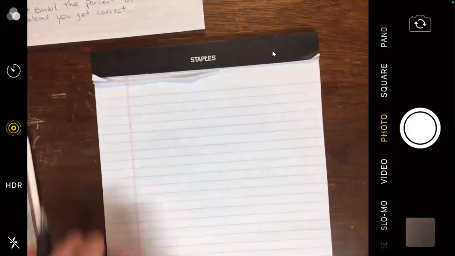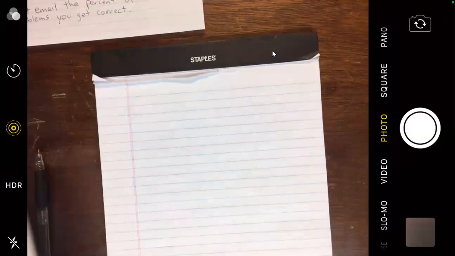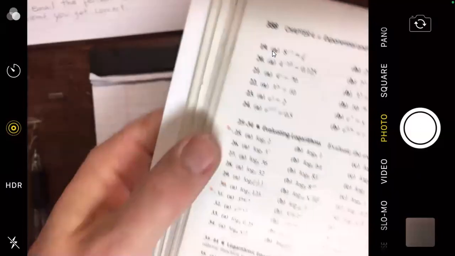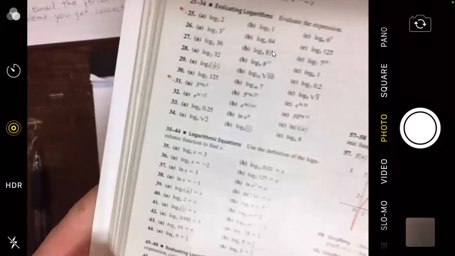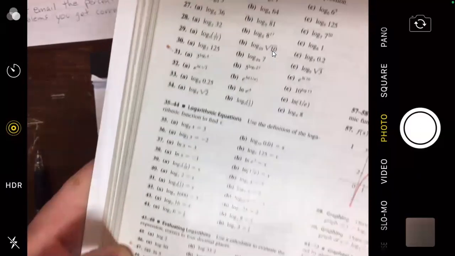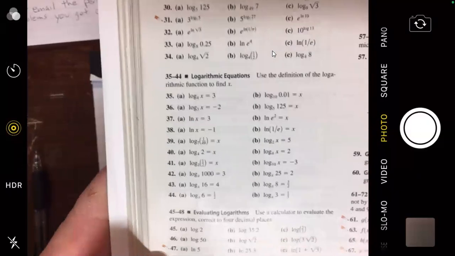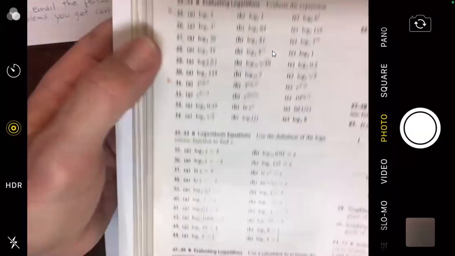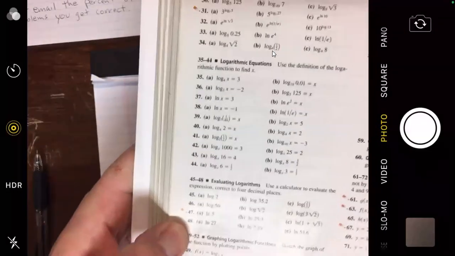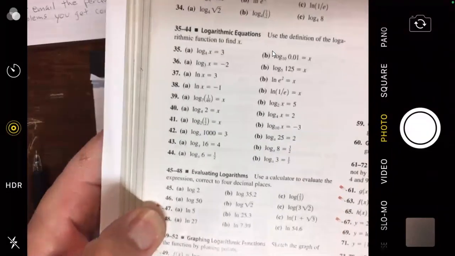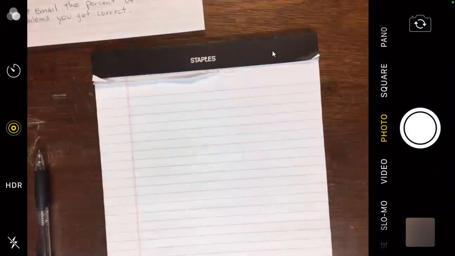I just picked out 3 sections. I don't think there's any point reviewing the whole thing. We'll work a couple out of each section just for examples.